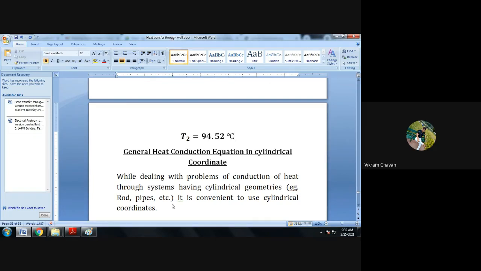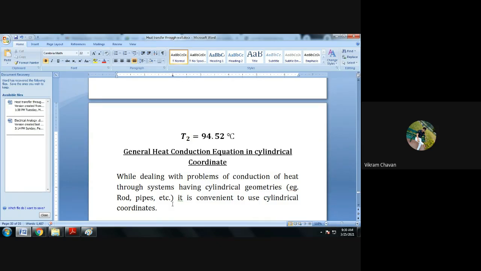But in the case of a pipe, rod, or cylindrical geometry, a cylinder means the cross section is circular and it has a height. So in that case, we need to apply the cylindrical coordinate system.